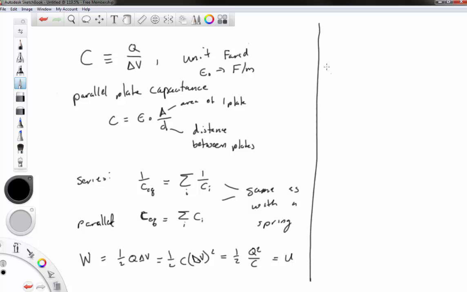The energy density, lowercase u, is the total energy per unit volume, or per area times distance or thickness. And that was given by 1/2 of epsilon naught times E squared, where E is electric field strength. So that is a general summary of everything that was covered in today's lecture.